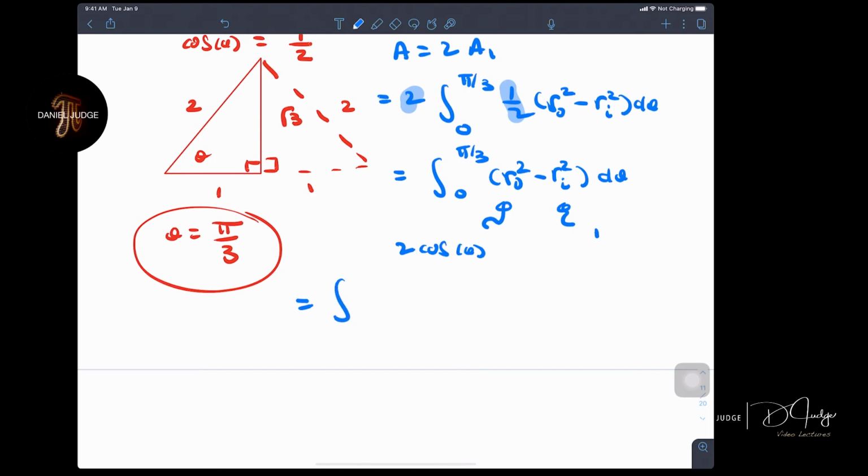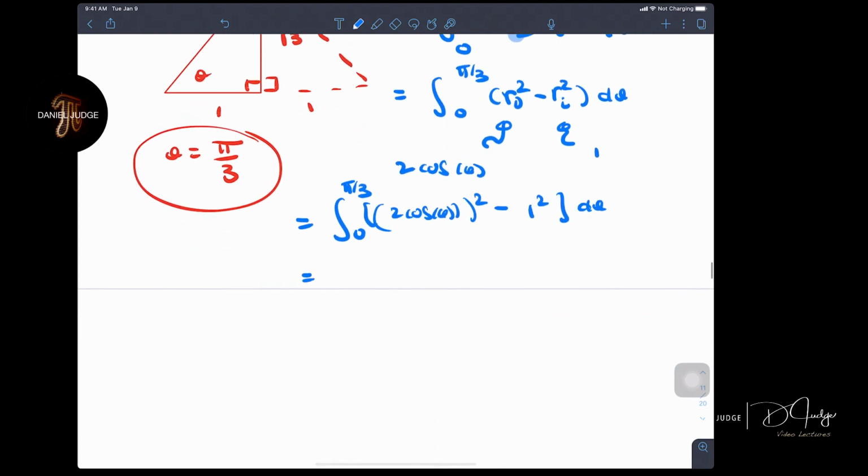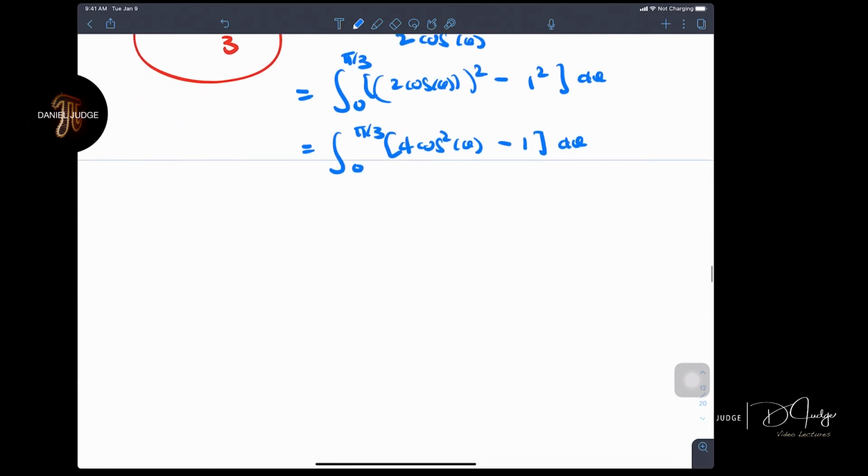So we get the integral to be 0 to pi over 3, 2 cosine theta squared. So we're going to square that one. Minus 1 squared. So here's what we get. 4 cosine squared theta minus 1 d theta. Now, use your identity here.